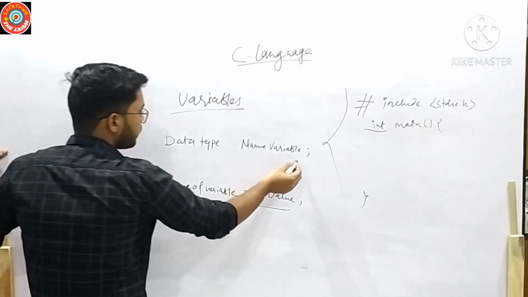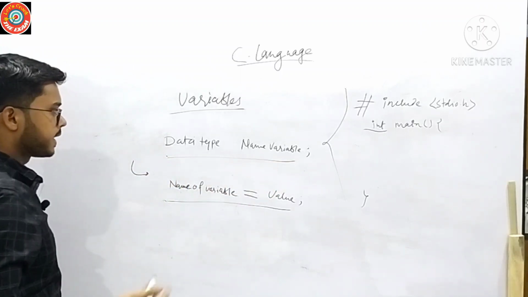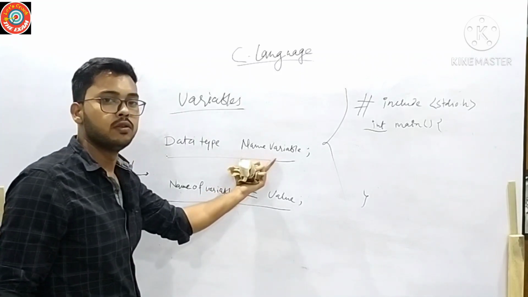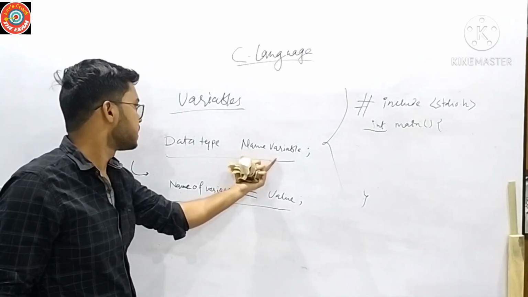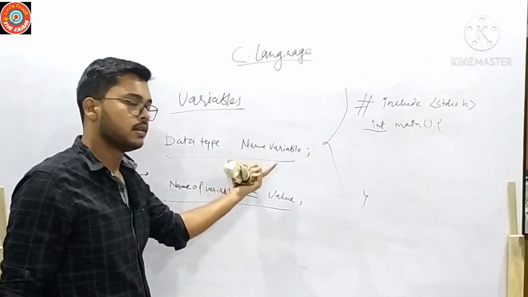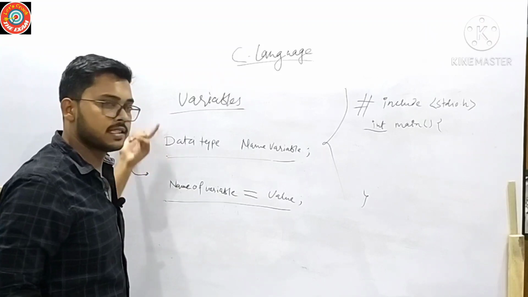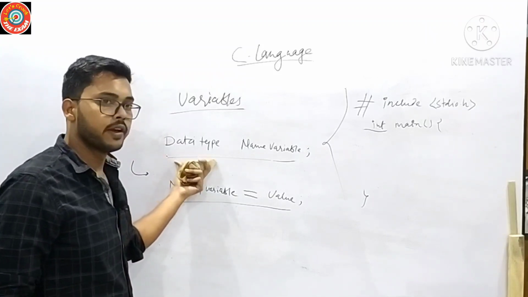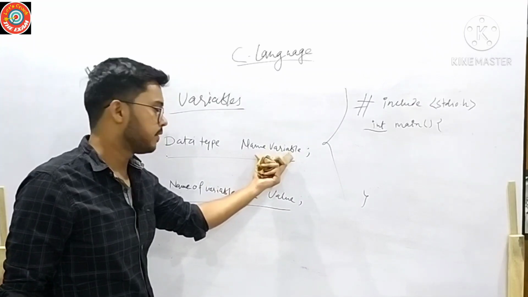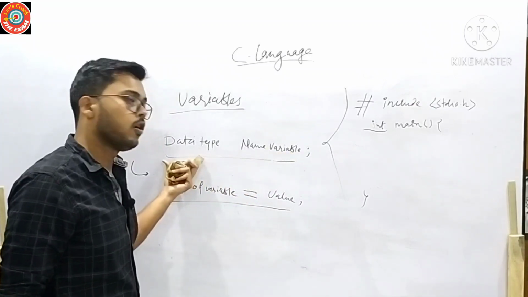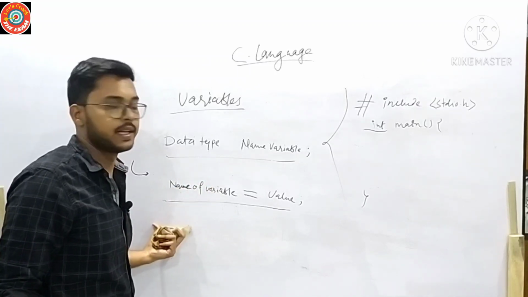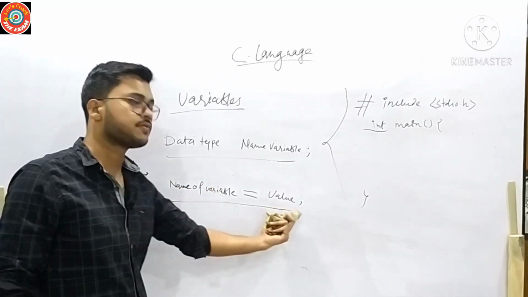So here we are declaring that I am going to use this variable which is of this data type. And here we are defining our variable, that this variable has this value.